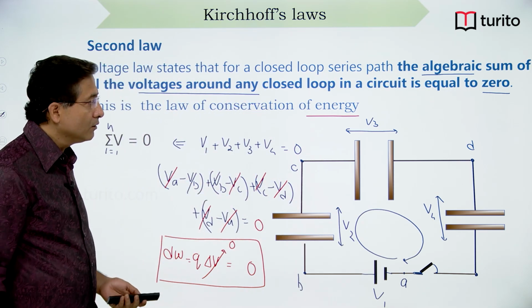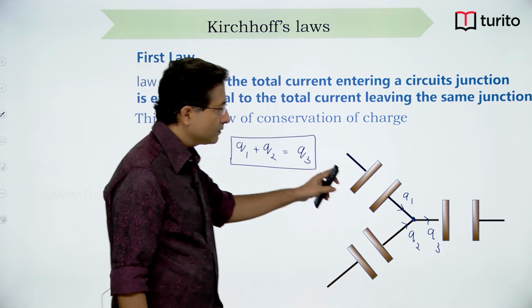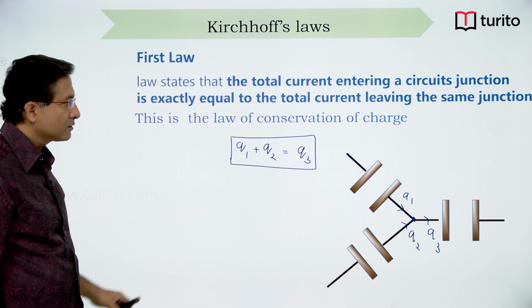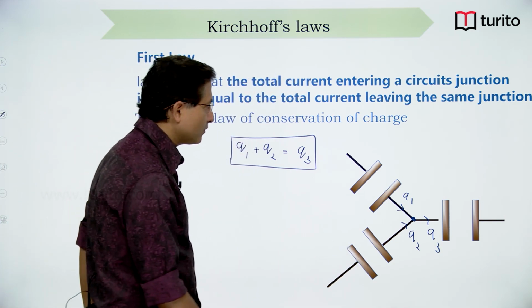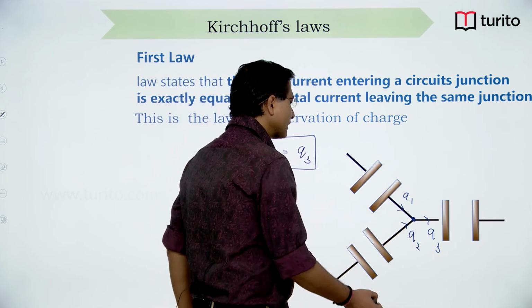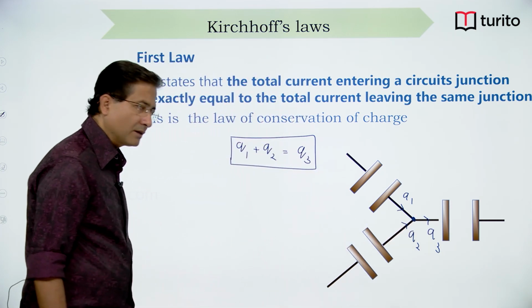Look at the previous one, we wrote it this way. So, the first law, which is that the summation of charge at the junction is 0, or I can say whatever comes in goes out. This can also be written this way.